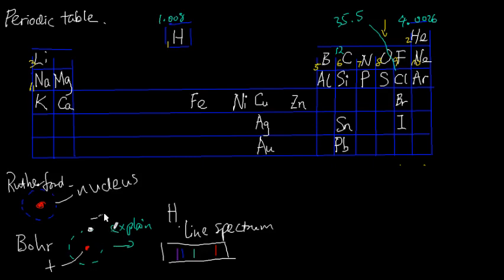So if the electron is minus e, the proton, the nucleus of the hydrogen atom, is plus e. So that's the protons. That would be the charge in the nucleus.